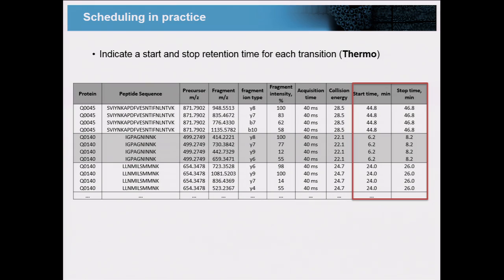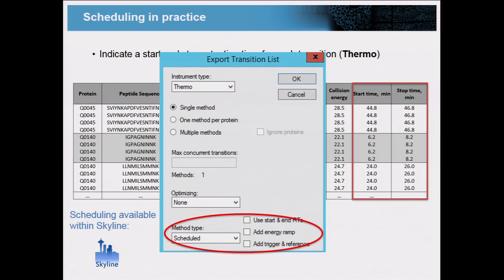This depends a bit on how much you tamper with the method, but that is possible. And nicely enough, everything is implemented in Skyline, so you don't really need to worry about it. What you do is you set which type of machine you want to use, and then you say that you want a scheduled method. It will go into the files and get retention time depending on how you set the retention time parameters, and then you will export the method that is already set up for your machine.